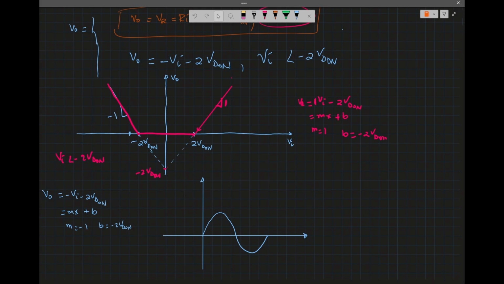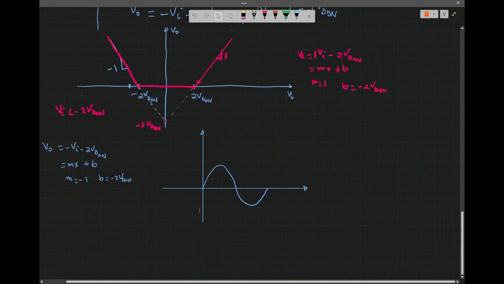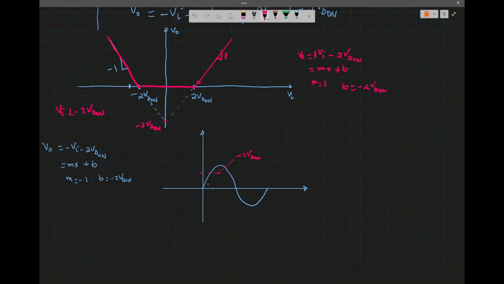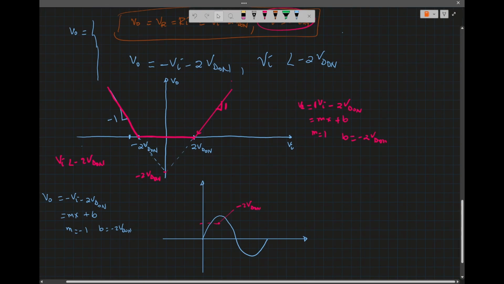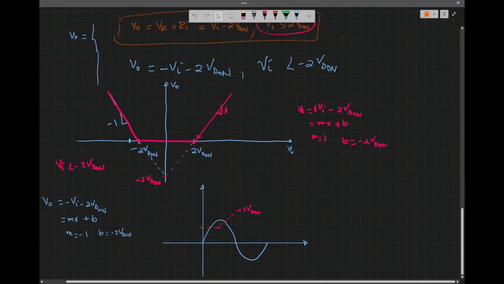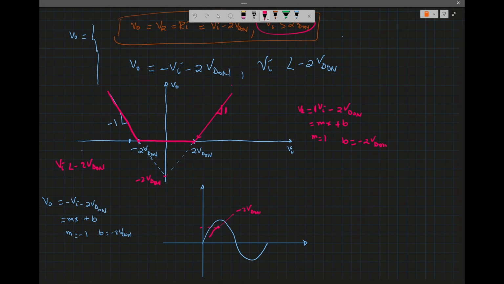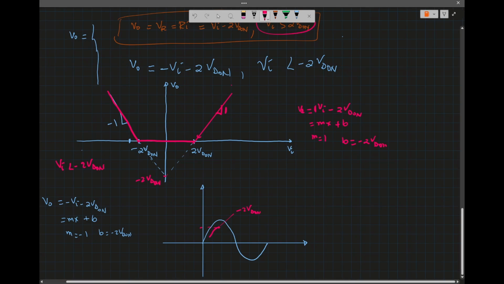For a positive cycle, we have V0 is Vi minus 2 VD on.